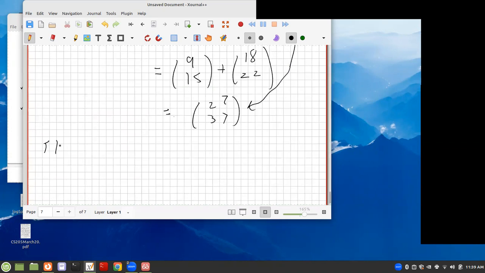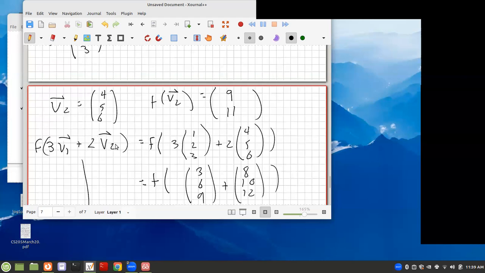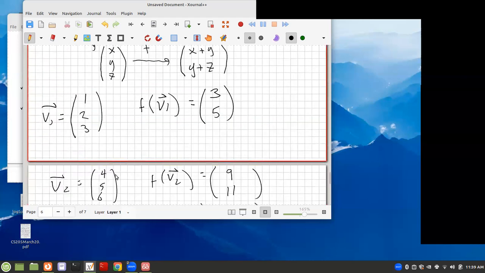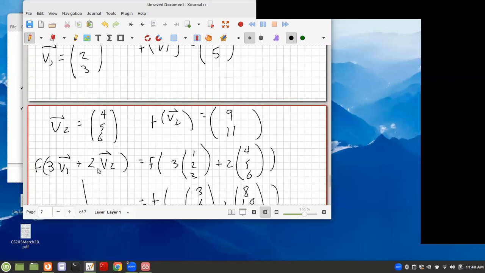So that's an example of linearity, of a linear map action. The issue is, though, I did this with specific vectors, but for the map to be linear, this has to hold true for every single linear combination I choose here.